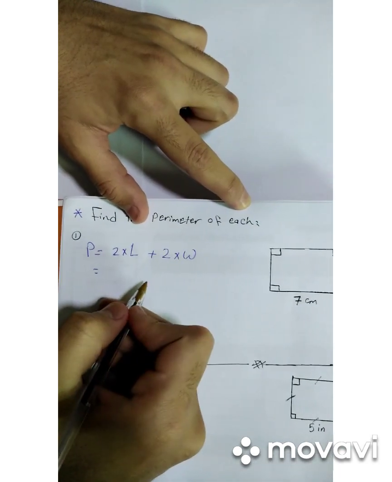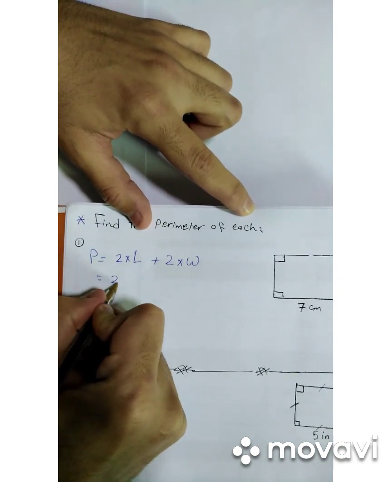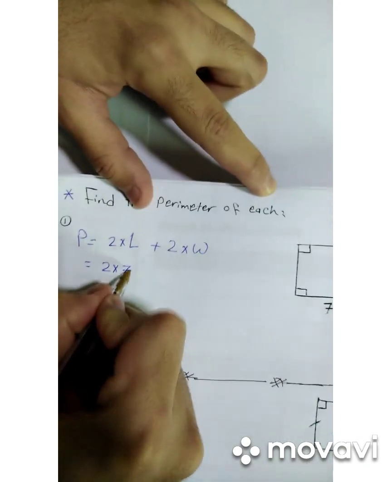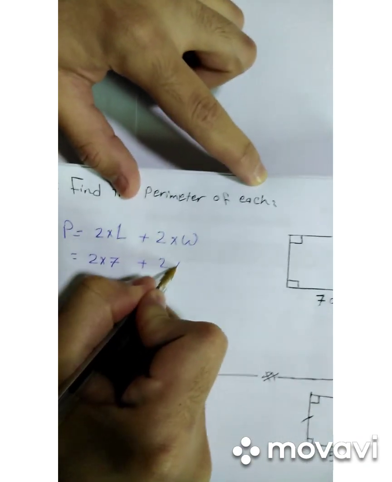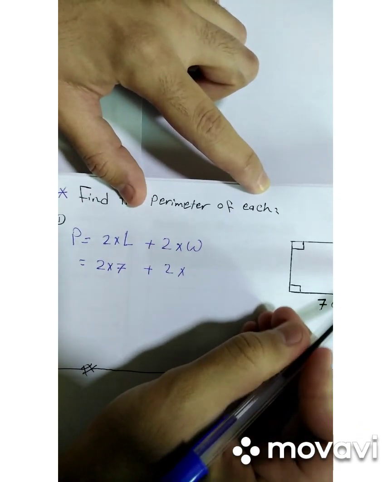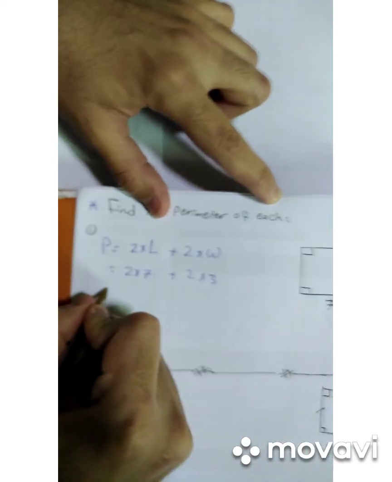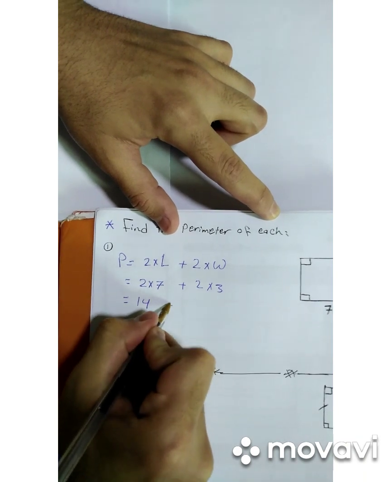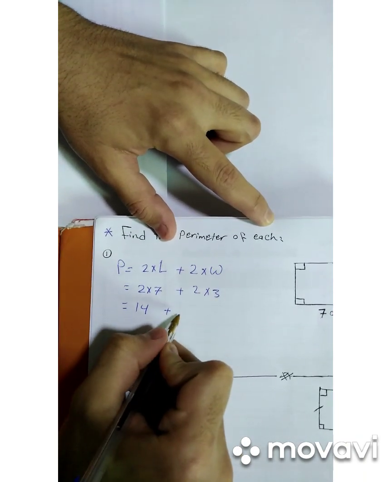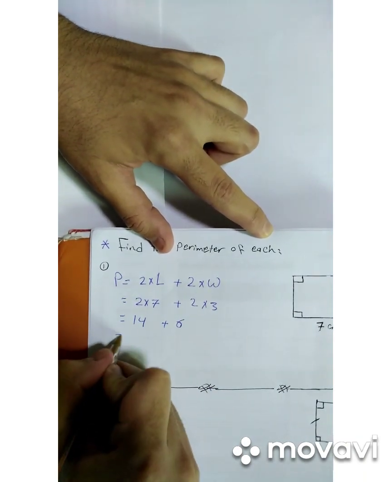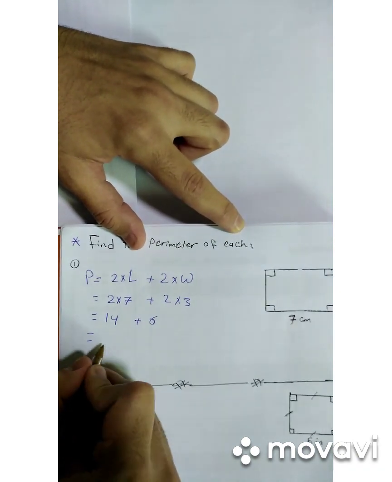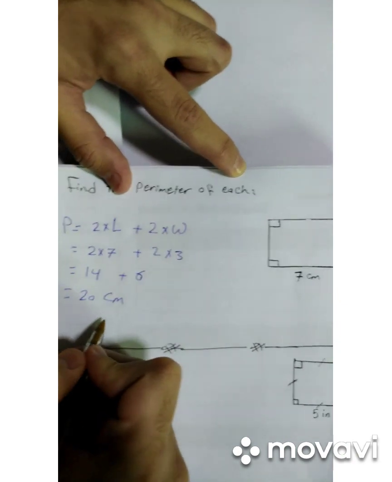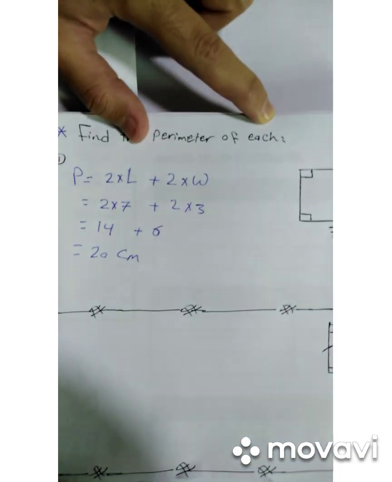Let's substitute: 2 times 7 plus 2 times 3. Now multiply: 14 plus 6 equals 20. So our perimeter equals 20 centimeters.